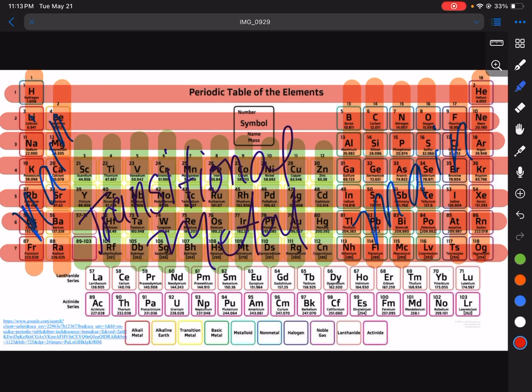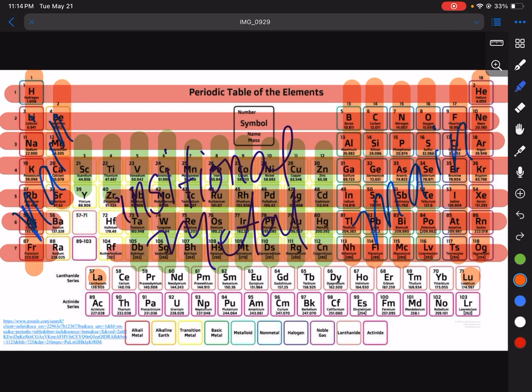And if you're asking yourself, what about those two horizontal lines? The first horizontal line, as you can see, starts from 57 to 71. And if you're looking at this box, you're going to see it's 57 to 71.